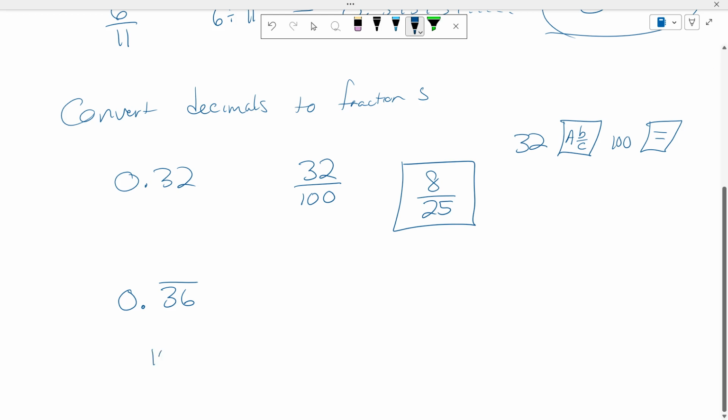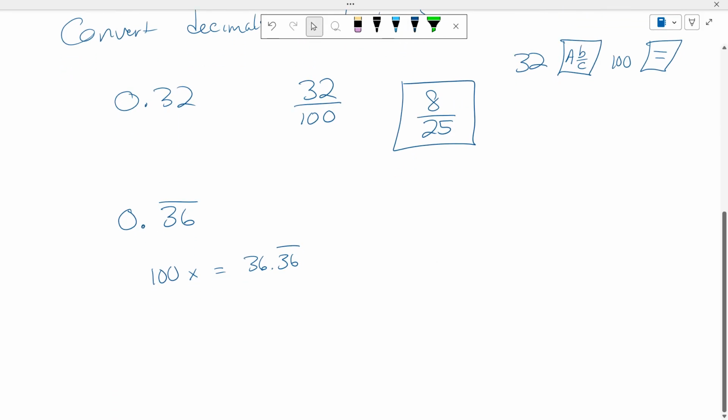So we take 100 times that, and we get 36.36 repeating. And then this one is x, which is 0.36 repeating, and then we subtract. What's 100 minus 1? 99. So 99x equals 36. So you write 36 over 99.